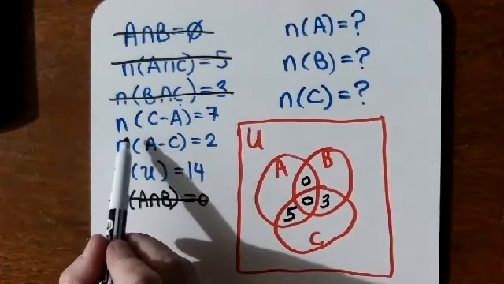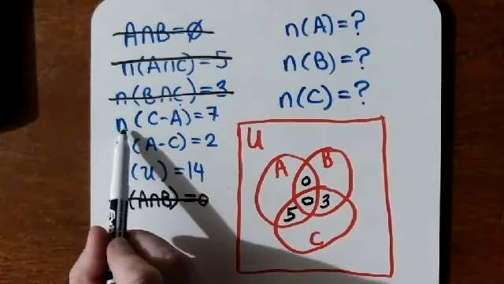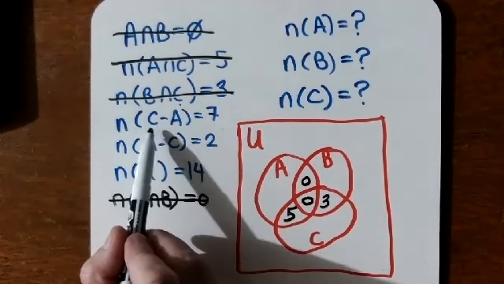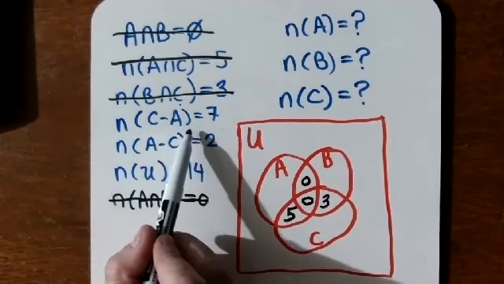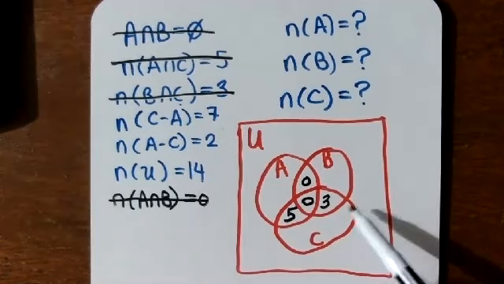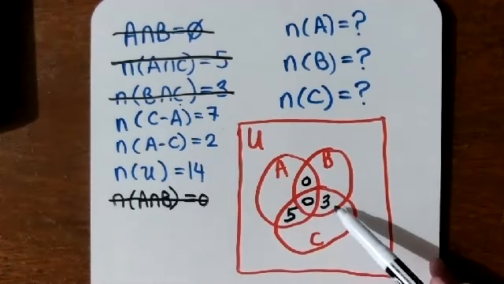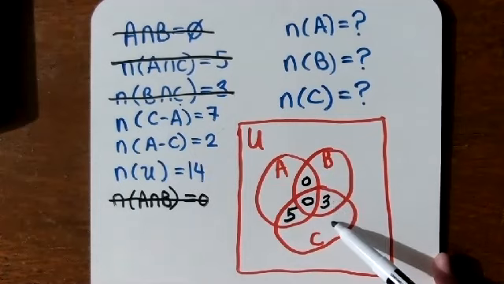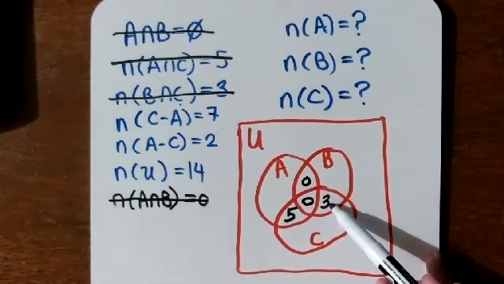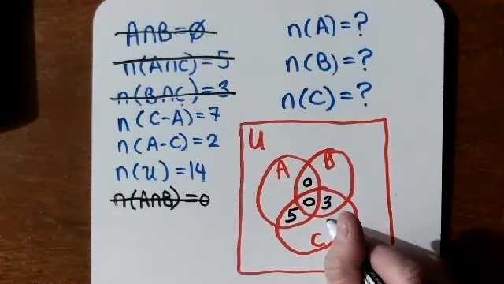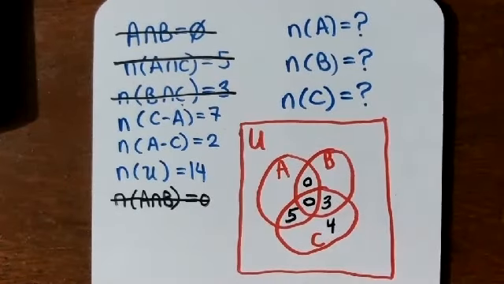Now we know that the number of elements in the set C without A is 7. So if we take a look at C and we remove A, then we're looking at these 2 regions here. These 2 regions sum to 7, 3 of which are here. So the remaining 4 are in this region.